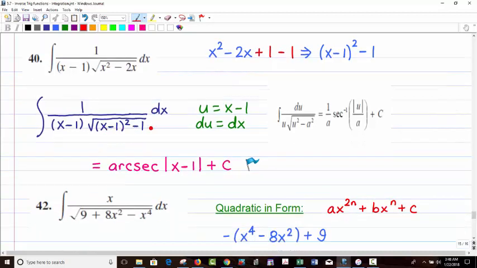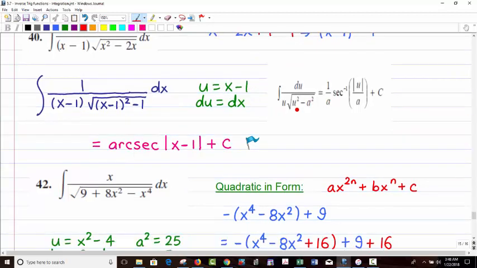So it'll now look like this under the radical, and now because that's an x minus 1 out there, that kind of gave us a clue that this was also going to be x minus 1. So that now makes it perfectly fit the secant inverse. So u is x minus 1, 1 over a. A happens to be 1 here because a squared is 1.